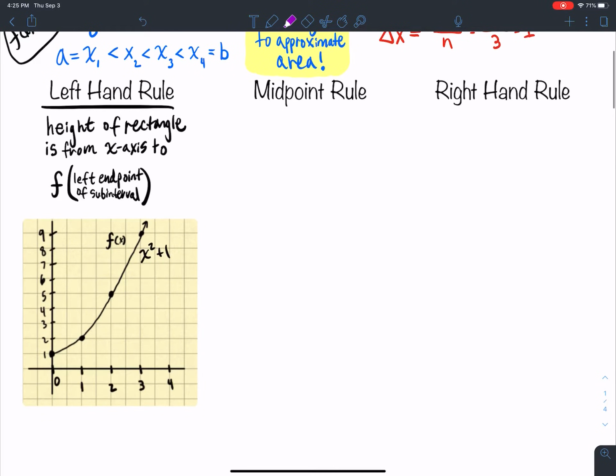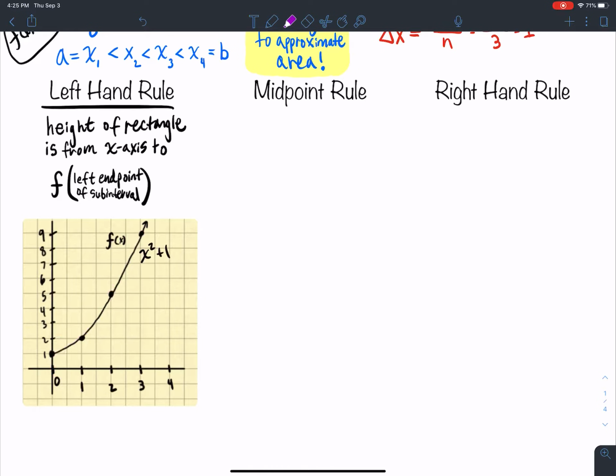What do I mean by that? In a picture here, I have my function f of x equal to x squared plus 1. Remember we're integrating from 0 to 3, so I'm going to have 3 rectangles summing this up.